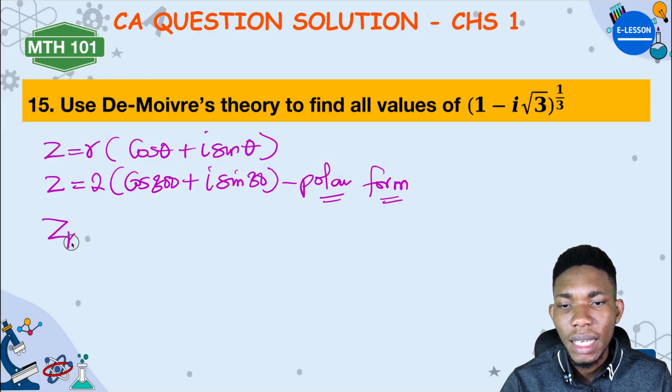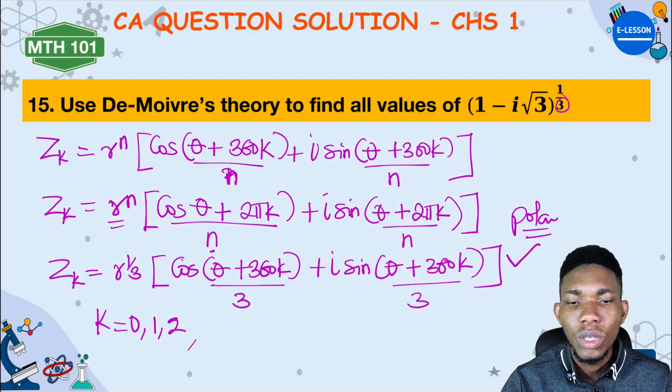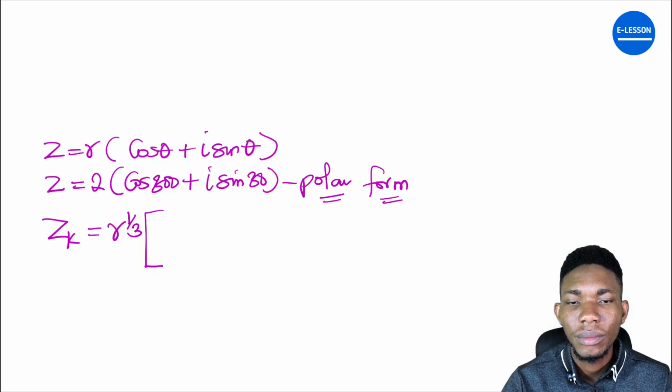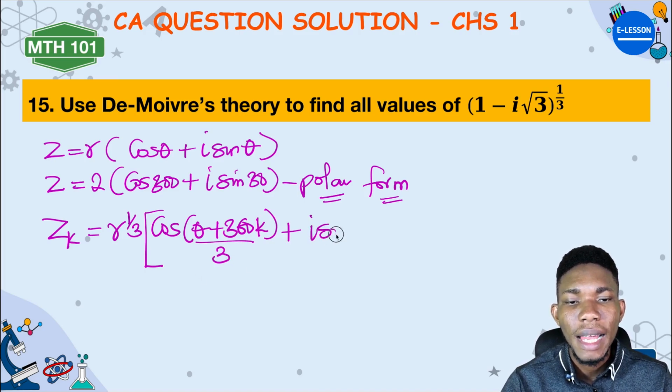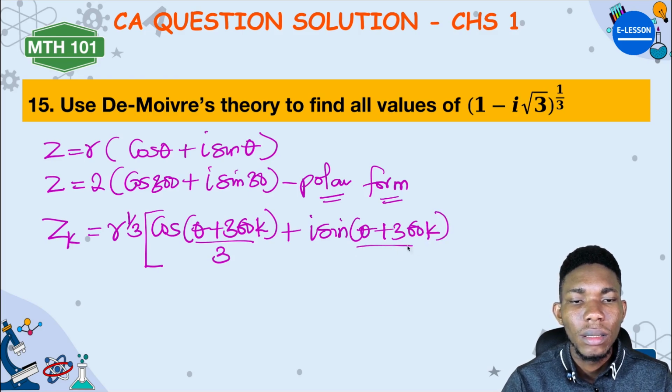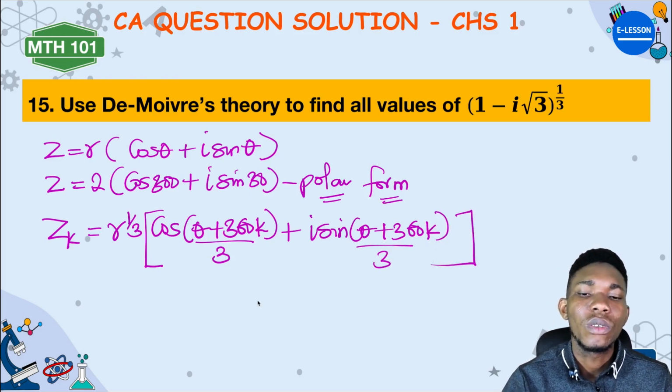Zk is r to the power of 1 over 3, in big bracket, cos of (theta plus 360 multiplied by k) divided by 3, because we are talking about the cube root, plus i sin of (theta plus 360 multiplied by k), all divided by 3 also.